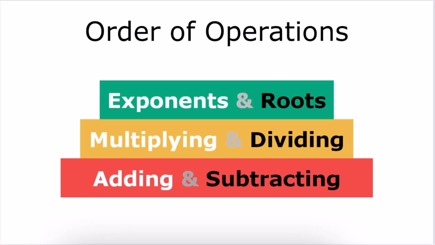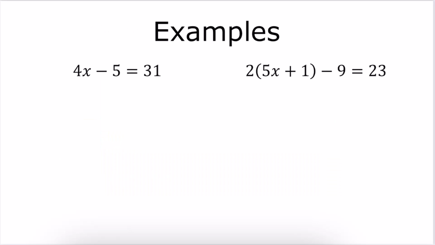So remember, the order of operations is you work with the most difficult operations first, which are exponents, then multiplication and division, and then adding and subtracting. So when we undo the order of operations, we're going to work backwards of this order. So for example, if you have 4 times x minus 5 equals 31, the way that I would explain this to students is I would say, our goal is ultimately to know what x is.